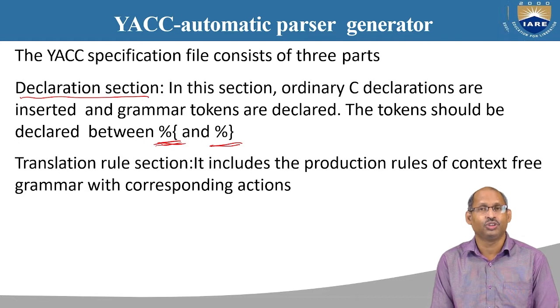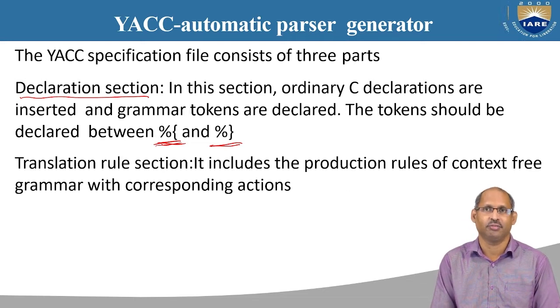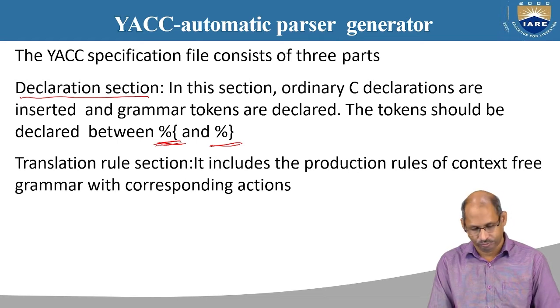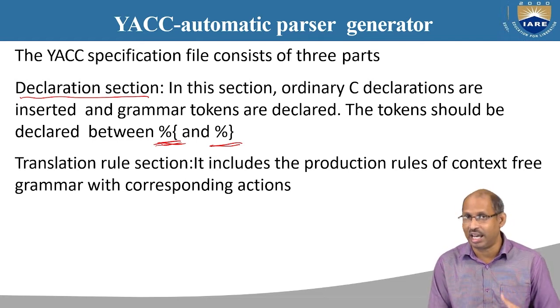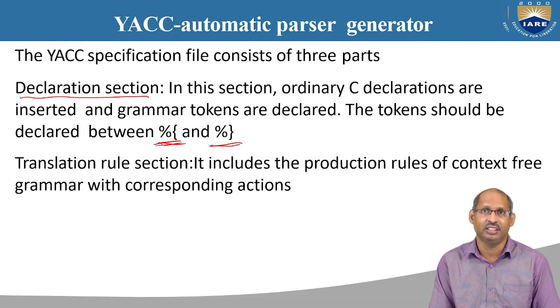The tokens should be declared between the percentage open flower bracket and percentage closing bracket. Right? So whatever is required in the file will be defined in this declaration section.